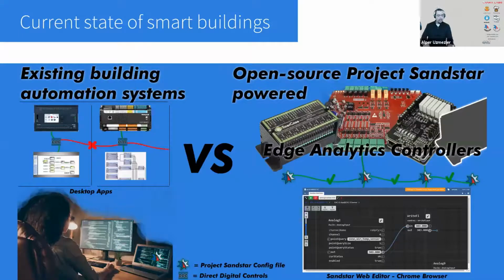Within the current system, you cannot share your controls logic between different devices. This is why we open source Project SenStar, and we have written SenStar Web Editor, where you can actually program the device through browser. And by doing that, we don't have to worry about Sedona frameworks kit dependencies. Next slide, please.